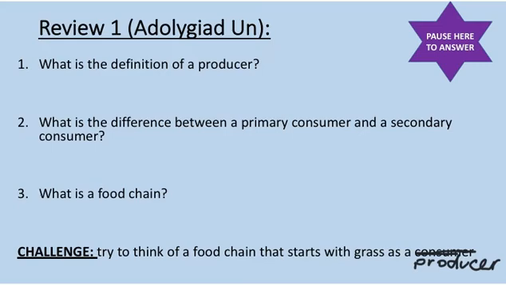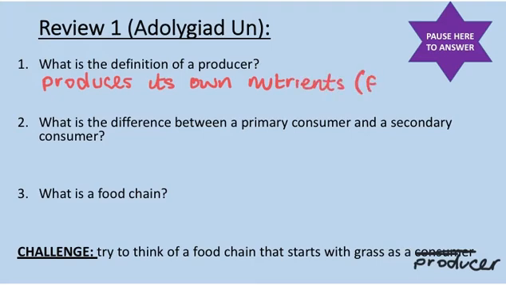So I'll write this answer in now. A producer produces its own nutrients, in brackets food, e.g. plants, brackets photosynthesis.